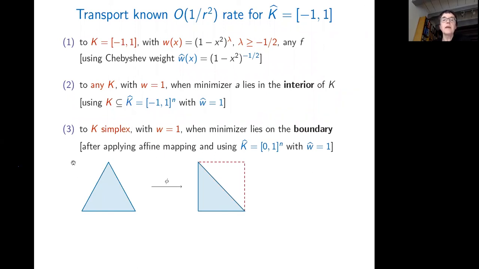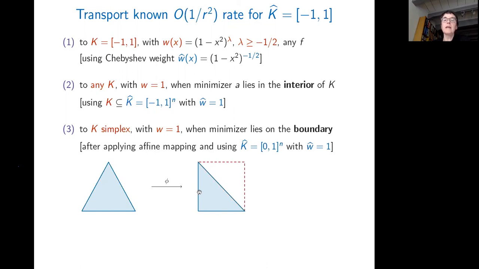Next set we can try to understand is the case when K is a simplex equipped with the Lebesgue measure and the minimizer is on the boundary. So this is how the simplex would look like. And there is a simple trick in order to get back to a setting we understand: just do a linear transformation to make your simplex look like this. And then it's nicely sitting within a cube and the cube we understand.